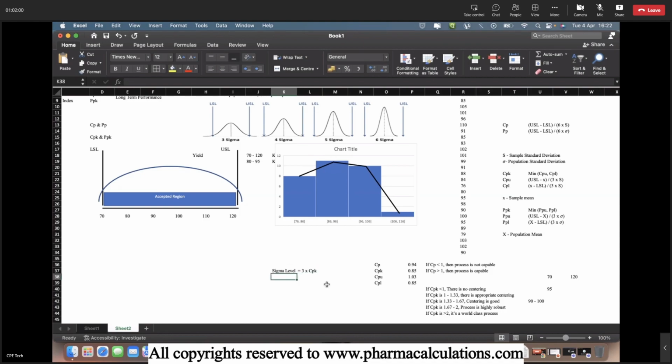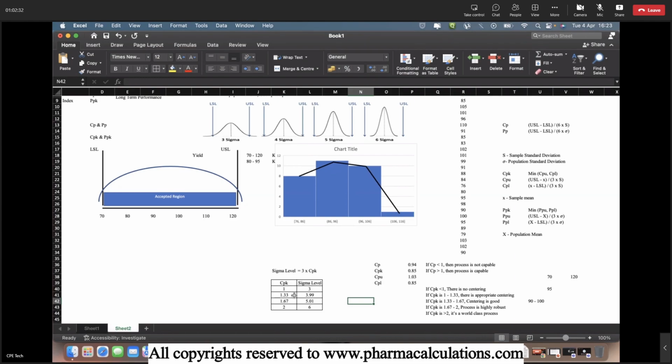So if Cpk is 1, 1.33, 1.67 and 2, multiplied by 3, you can see that if Cpk is 1, the sigma level is 3.